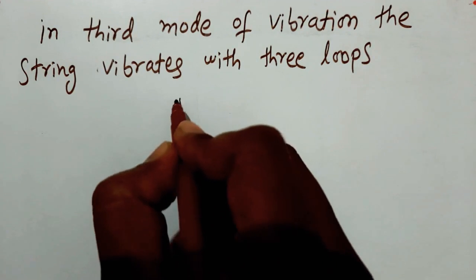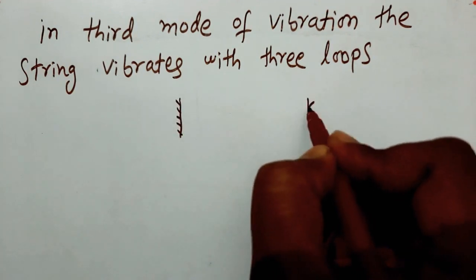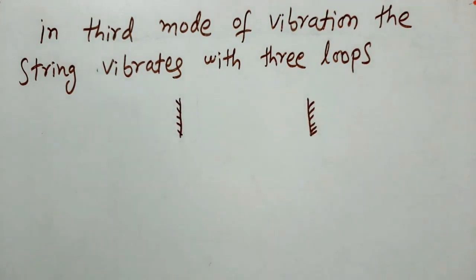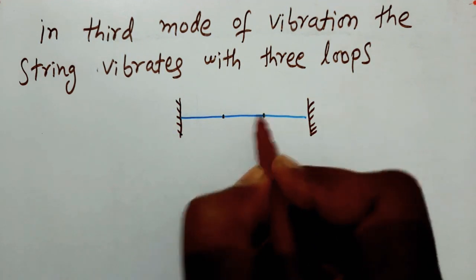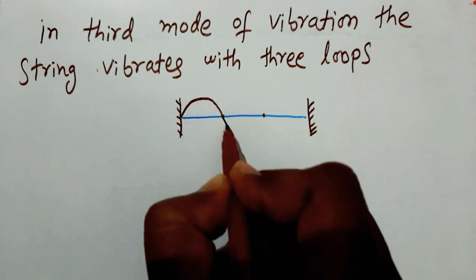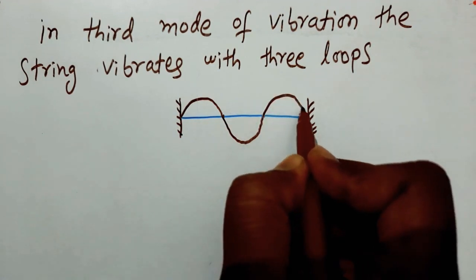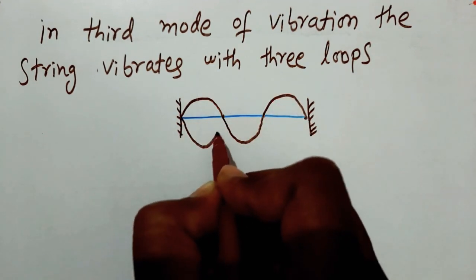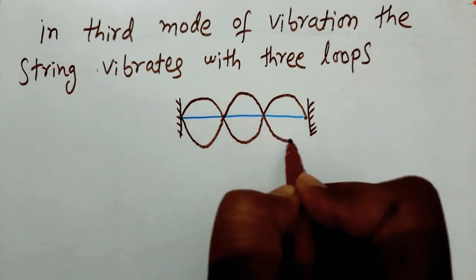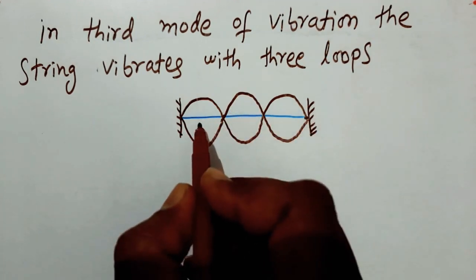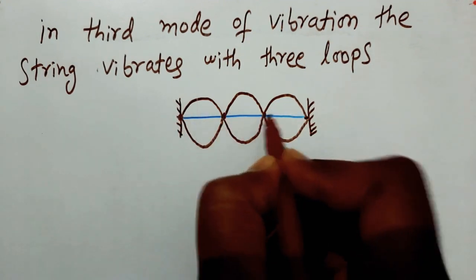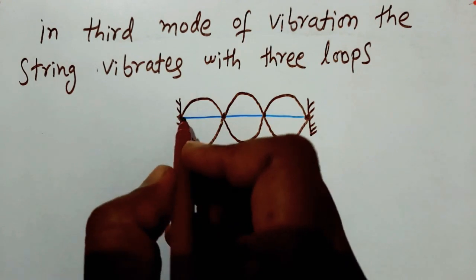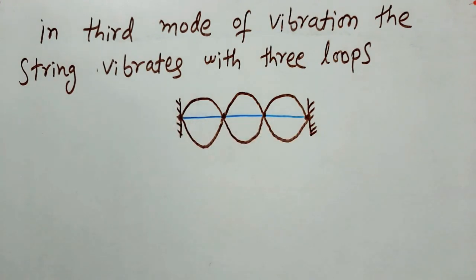Here the string is vibrating with 3 loops. When the string vibrates with 3 loops, it has 1, 2, 3, 4 nodes and 3 antinodes.